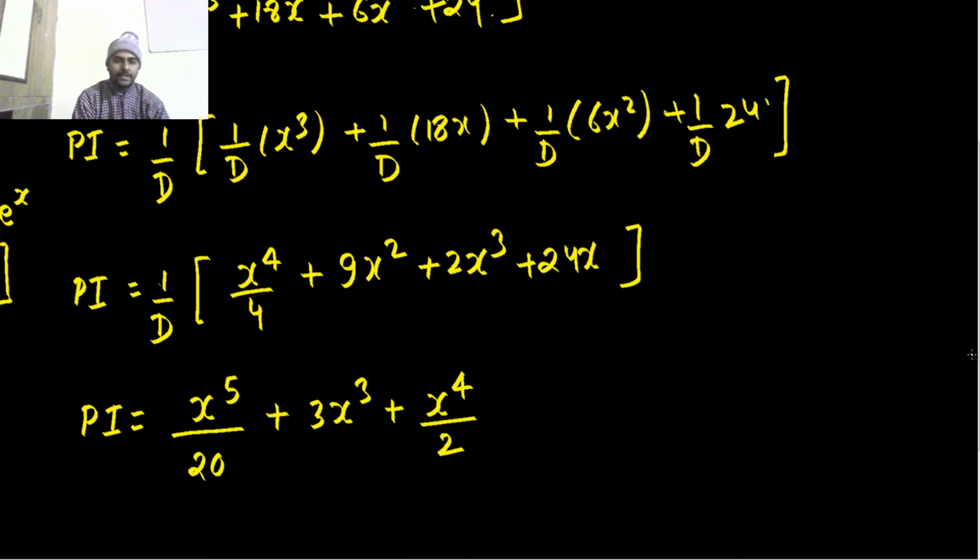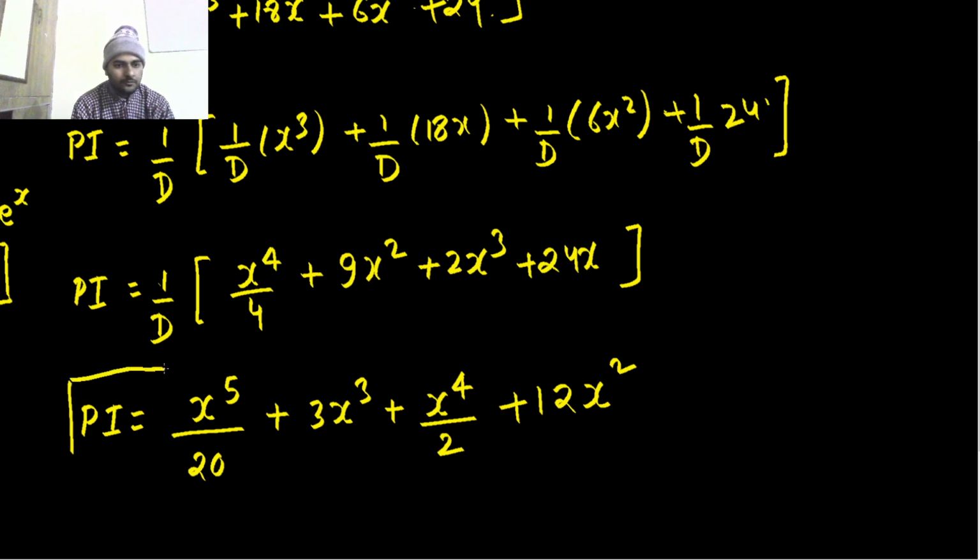Integrating again, you will get 24 x square by 2, so 12x square. Now if I check with my calculations, x power 5 by 20 plus x power 4 by 2, 3x cube and 12x square. The particular integral is fine enough.